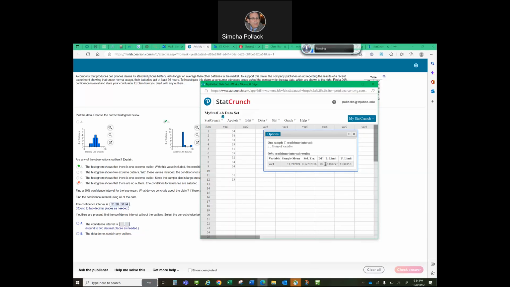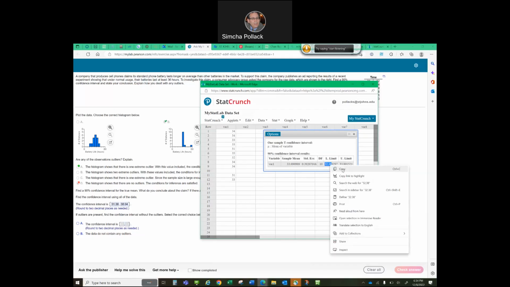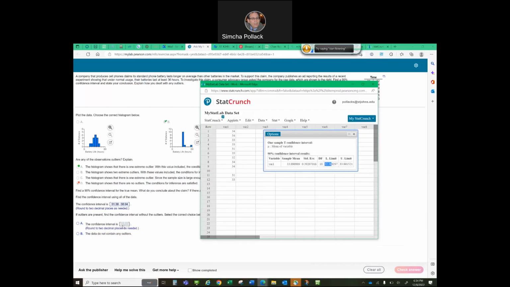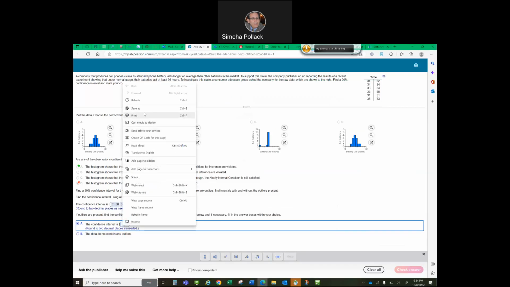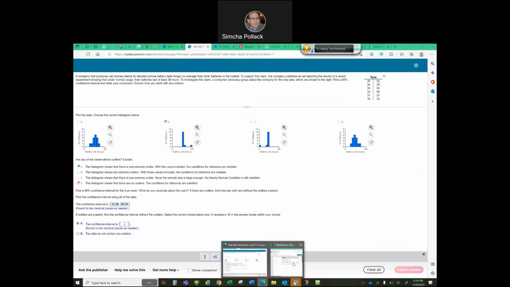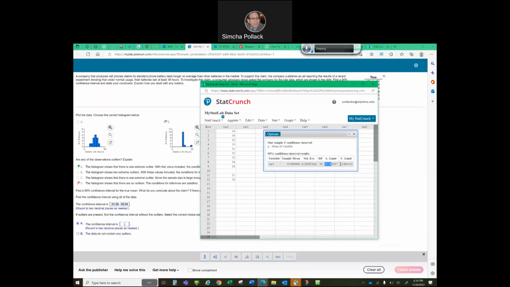So now the answer is 32.38. Copy. Because that number that was weird increased the variation. So now we're going to have a much tighter confidence interval, from 32 to 33, much narrower than before.